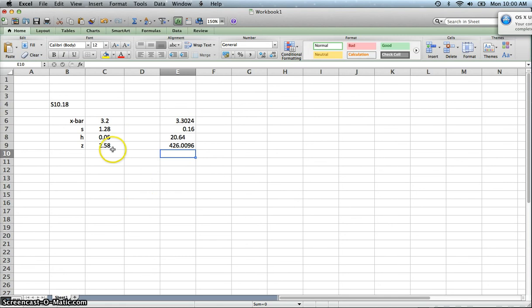This one's a fairly high confidence level, 99% of the distribution. We want to be within 5%. And our standard deviation is in the middle. It's not really low, it's not really high.